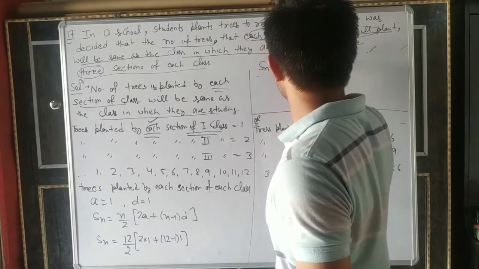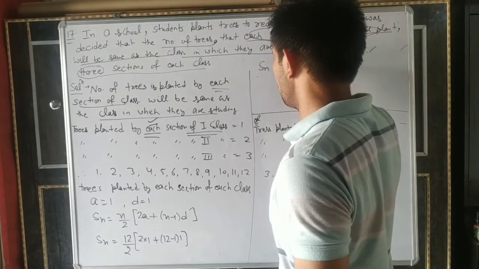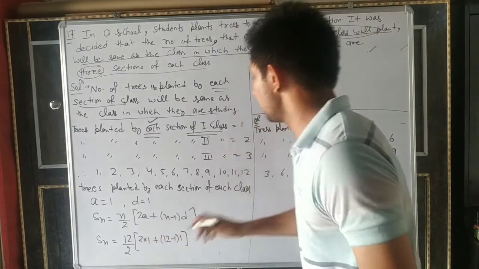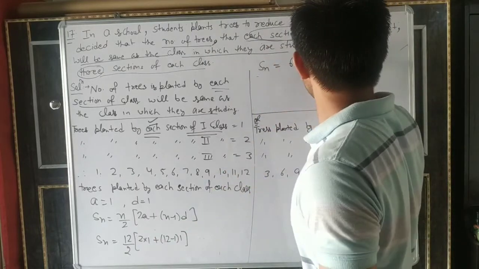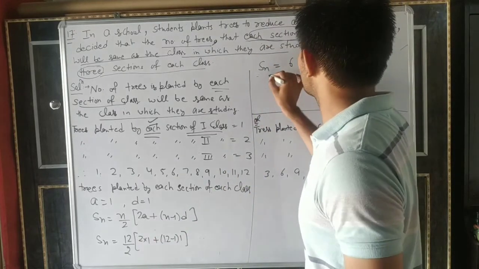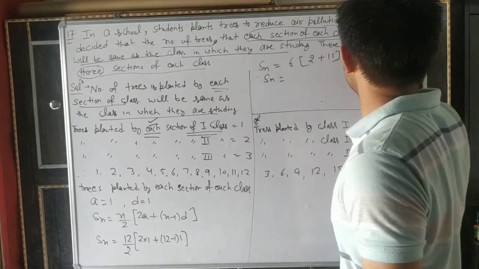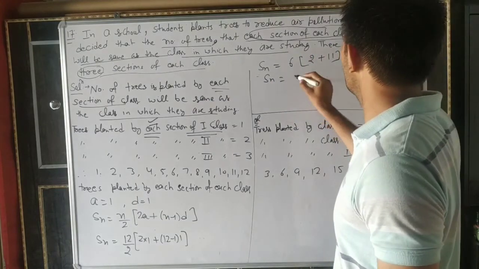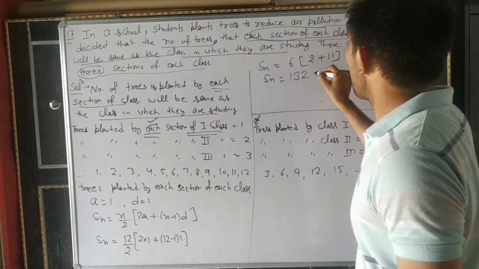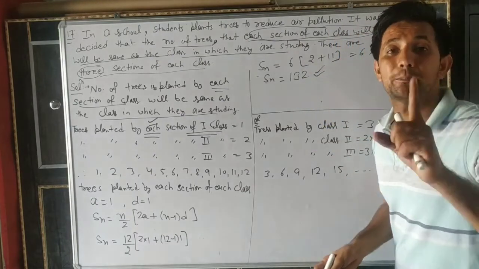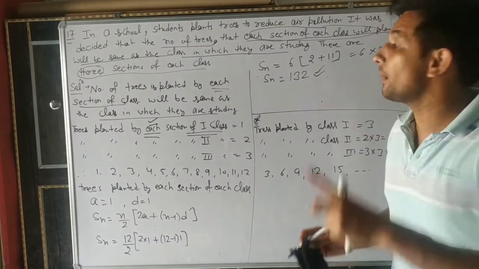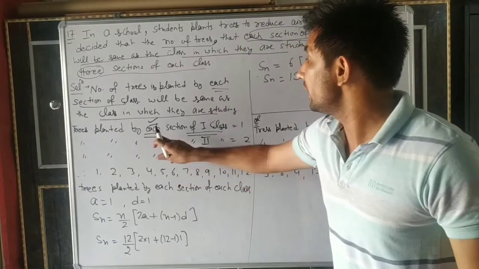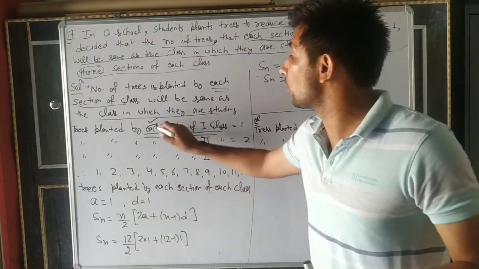Sn equal to 6 into (2 plus 11), so Sn becomes 6 into 22, which is 132. And 132 trees are planted by only one section.